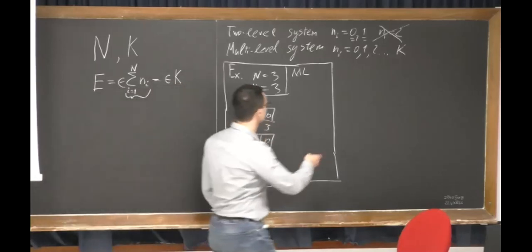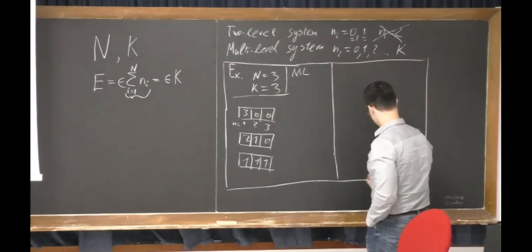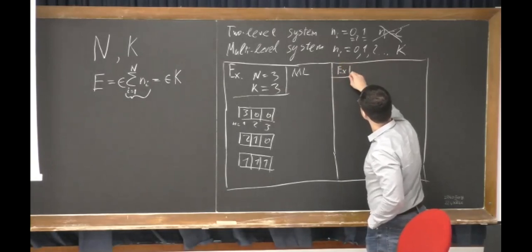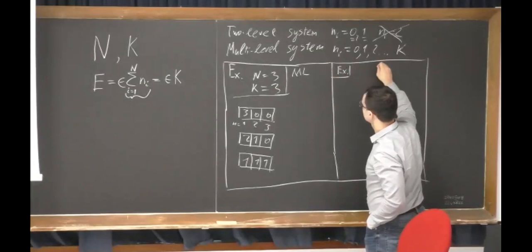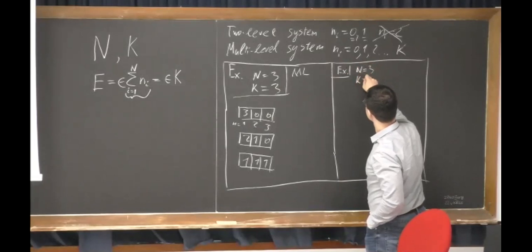And if you have the example of two-level systems, again, same, n equals 3, k equals 3.